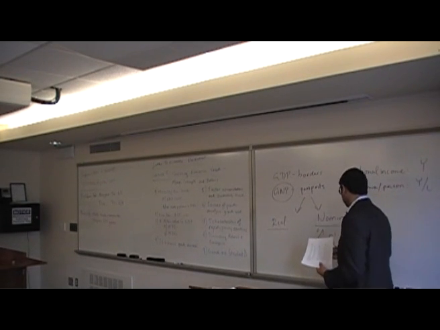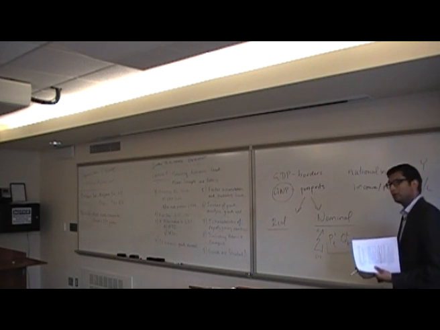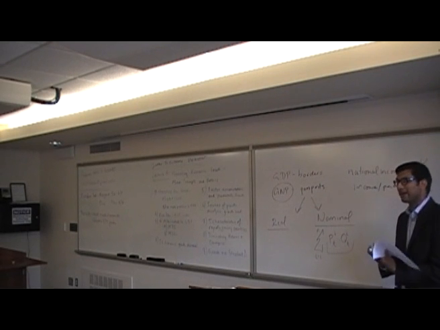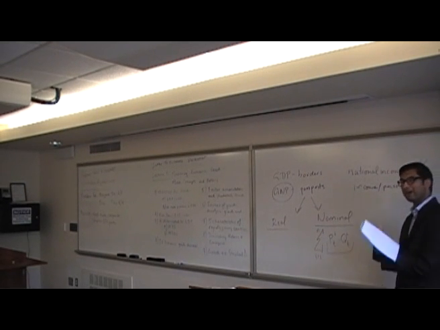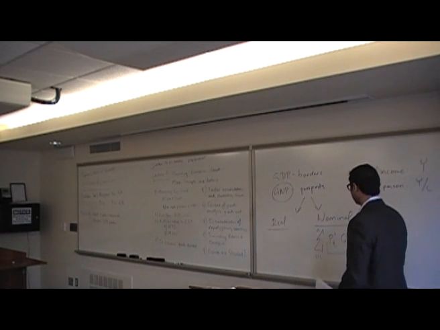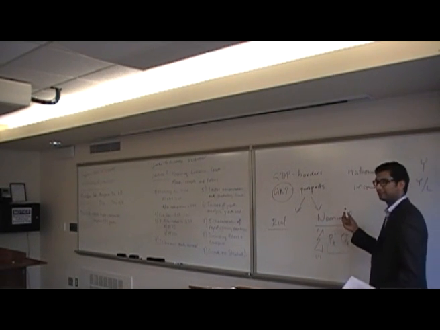So, in a two good, two price economy, we would take each good, multiply the total quantity produced of that good in a given year by its price in that year, take the sum of that, and that would give us nominal GDP.